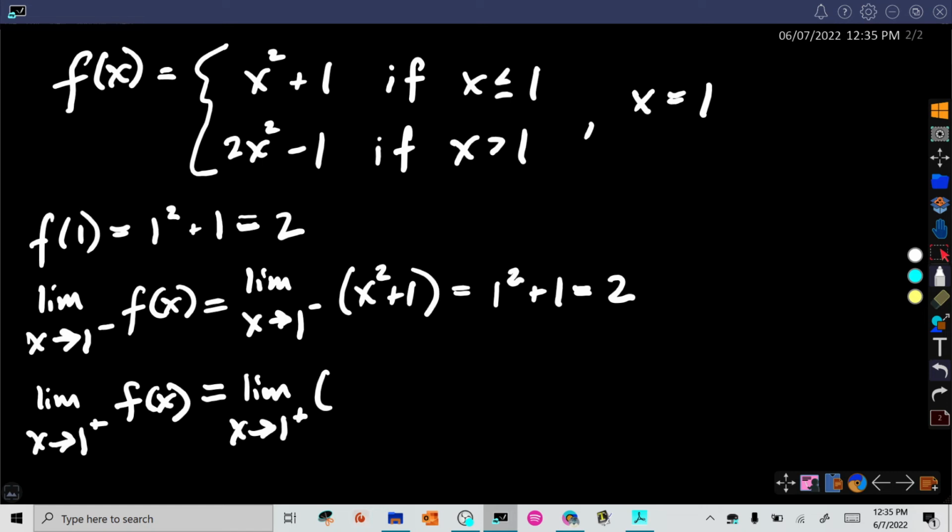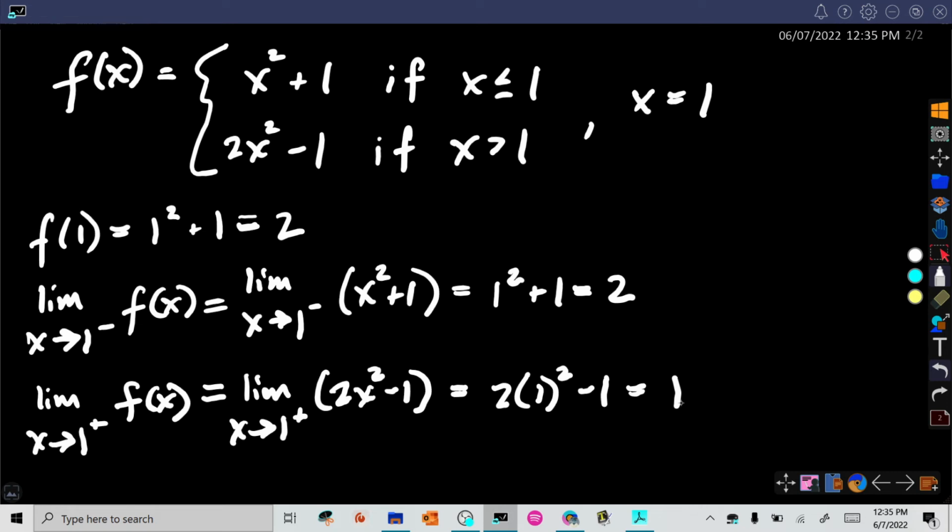So that means this is going to be 2x squared minus 1, which is equal to 2 times 1 squared minus 1, which in this case is equal to positive 1. So this is a problem.